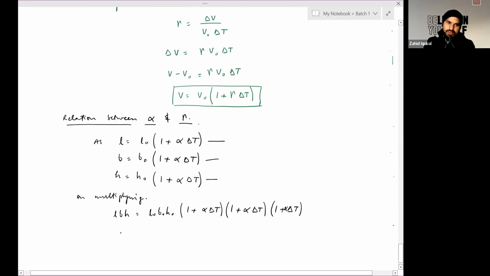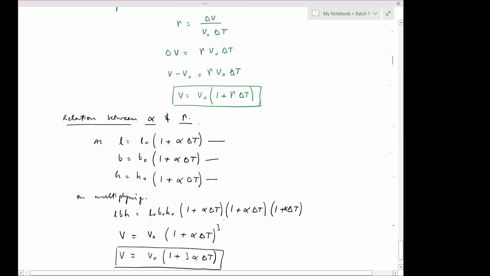So LBH will be volume, L naught, B naught, H naught the initial volume, and 1 plus alpha delta T to the power 3. So according to binomial expansion, we may further expand it as 1 plus 3 times alpha delta T equals to B. Hamza, is it clear? Yes, sir.